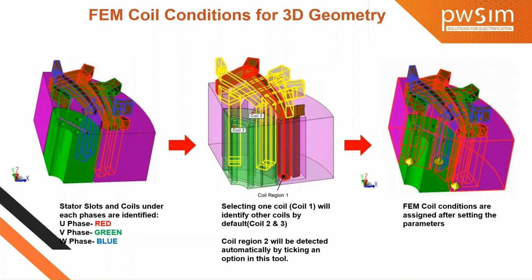By selecting coil 1 itself, it will select coils 2 and 3. And in coil region 2, by selecting the automatically detect option, it will select the other sets of coil. Once you input all the details, the FEM coil conditions will be assigned automatically after setting the parameters. So this is how you can set all the coil conditions for 3D geometry also.